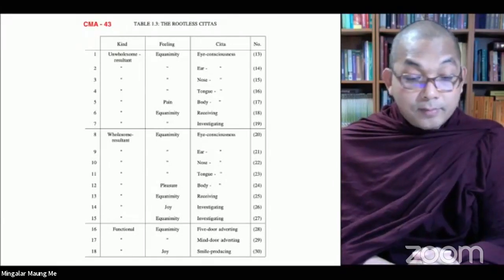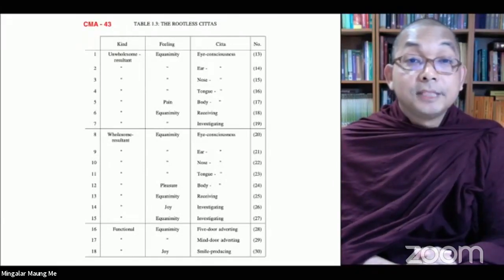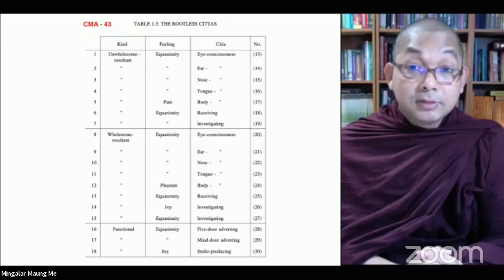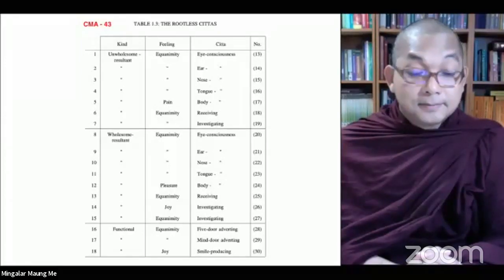Look at the feeling here. Among the 7 akusala vipaka cetas, six have equanimous feeling. Only one is painful feeling, regarding the body consciousness.